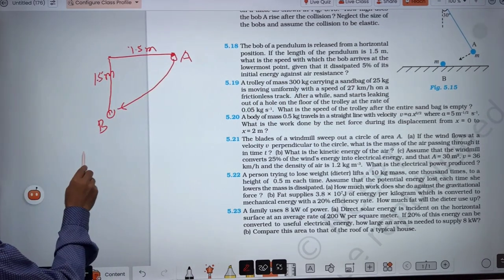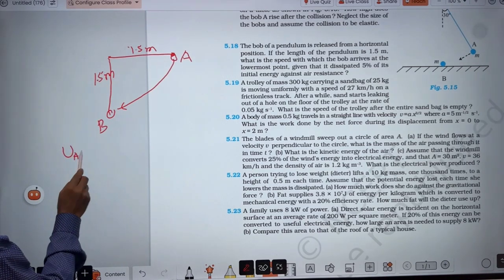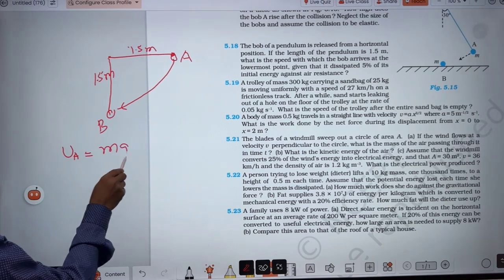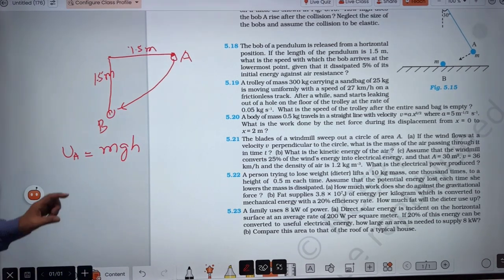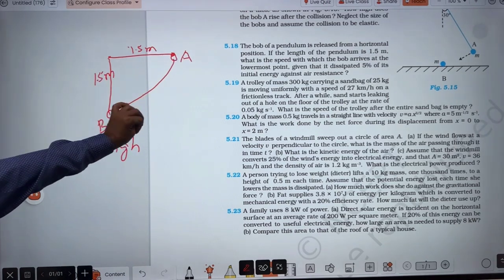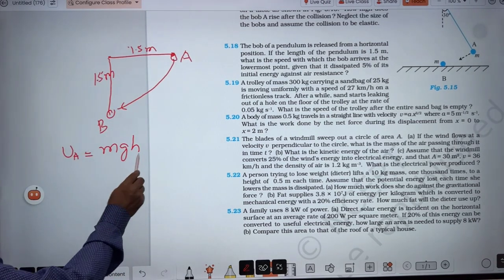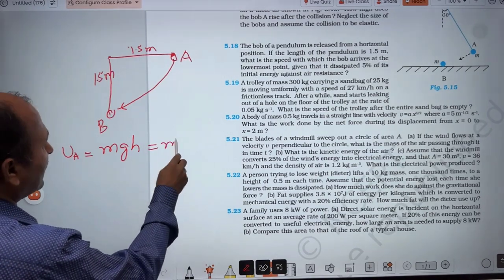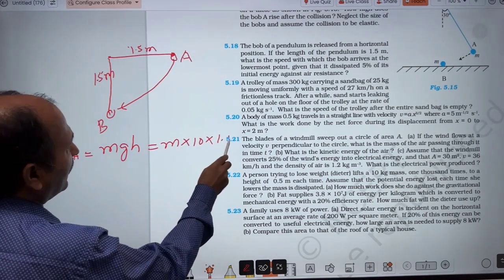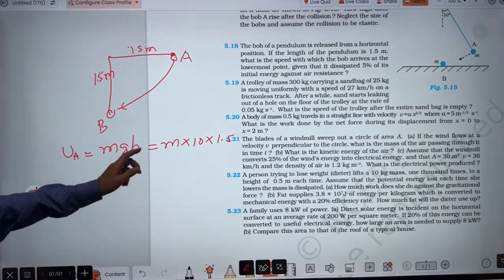So that will be, suppose let's write it as energy at A, UA equal to mgh, right, where m in our question is not given, so it will get cancelled when we compare, that is why it's not given. So m times g times, you can write 10, and height you can write 1.5. So this is the energy at point A.